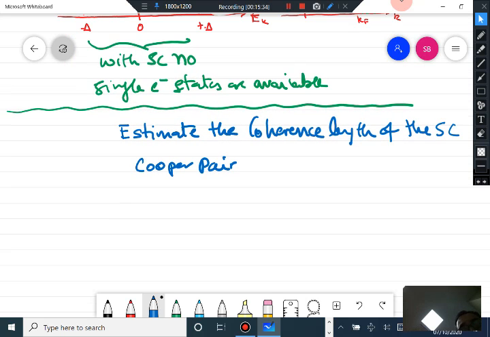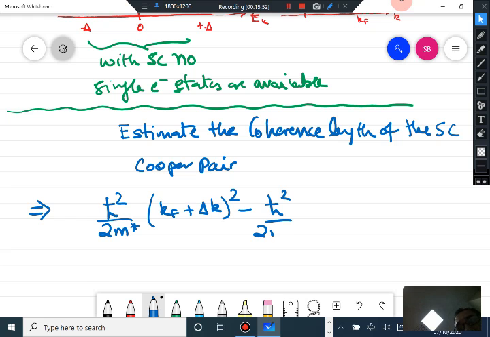To estimate that, let us recall that h cross square by 2m star kf plus delta k the whole square, minus h cross square by 2m star kf minus delta k the whole square, is going to be equal to 2 delta.